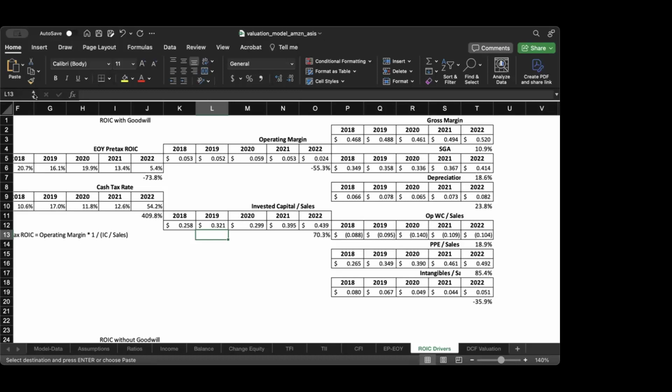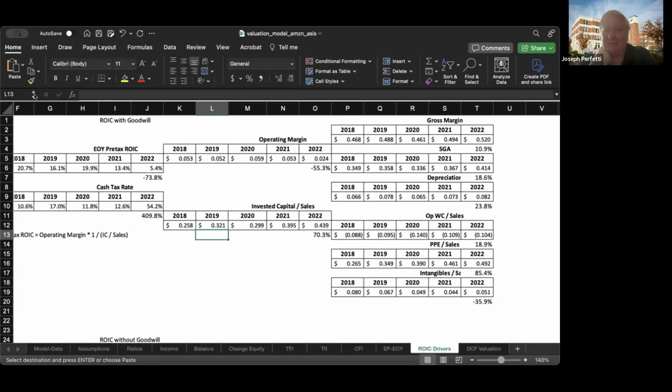PP&E to sales is increasing by 85.4% from 0.26 to 0.42, 0.492 in 2022, which is probably having the most impact because they're spending more. So they're producing the same product but spending more, which is negative to their productivity. And then intangibles is decreasing, which should be a positive thing. But I would just say PP&E to sales is having the biggest impact on their productivity.